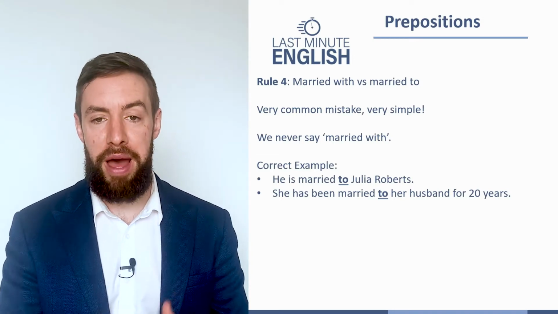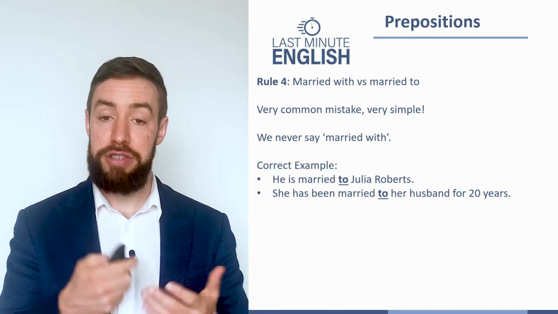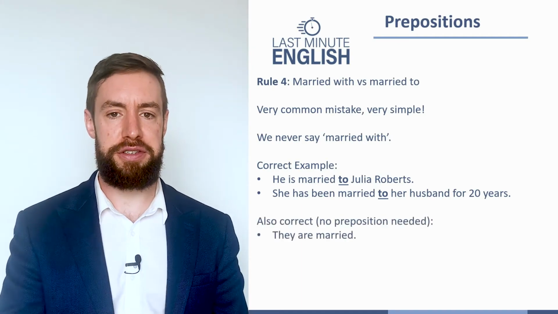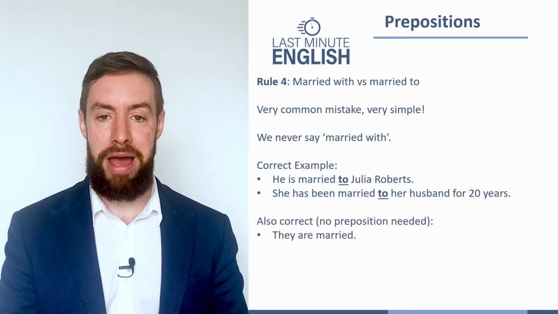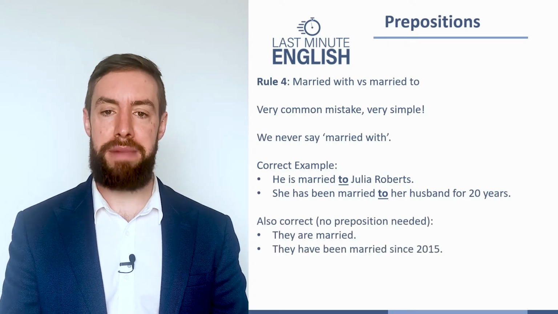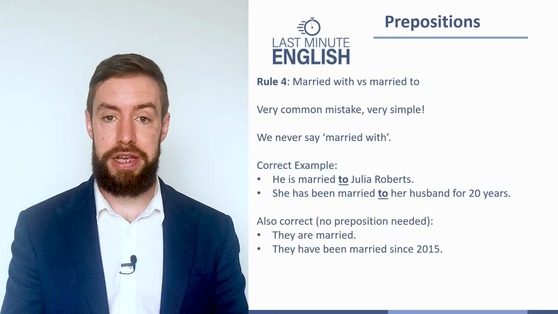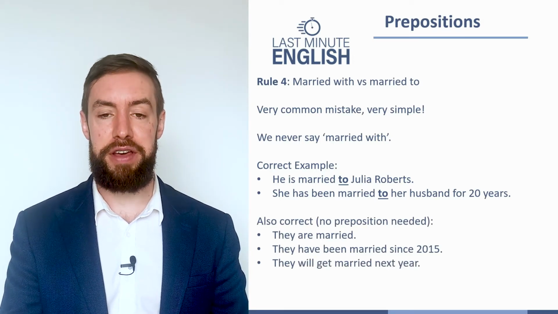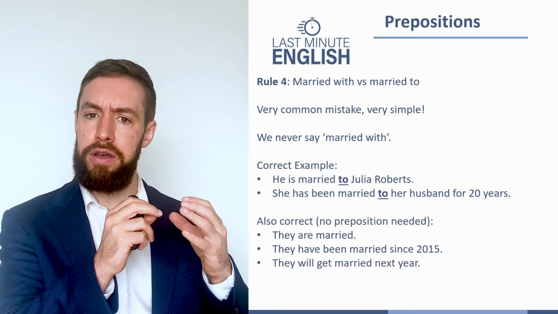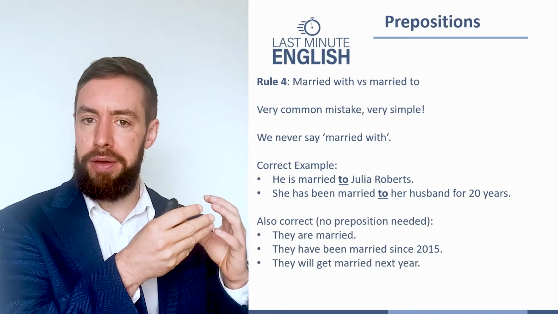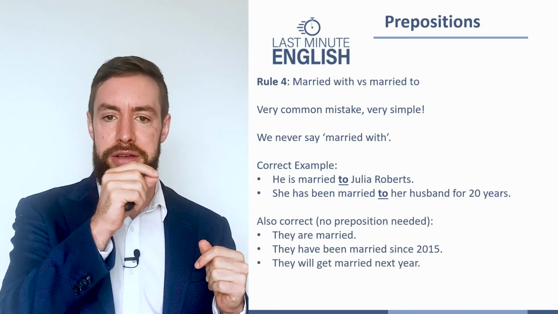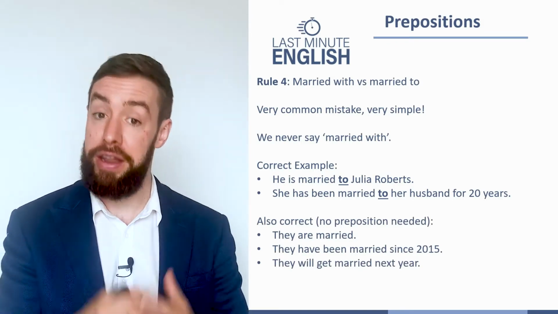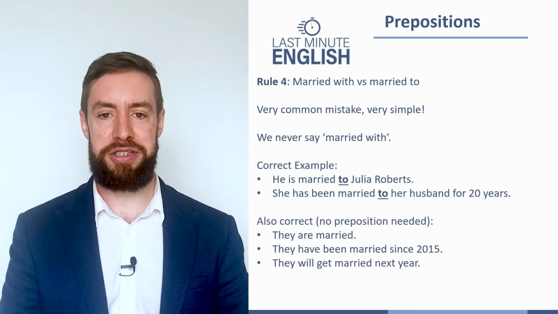And when we're talking about married, we have some other correct possibilities that don't need a preposition. So very simply, they are married, they have been married since 2015, or they will get married next year. So for each of those, we're starting by talking about both of them, not just he gets married to her, we're saying they, all right? And in that situation, no preposition needed.